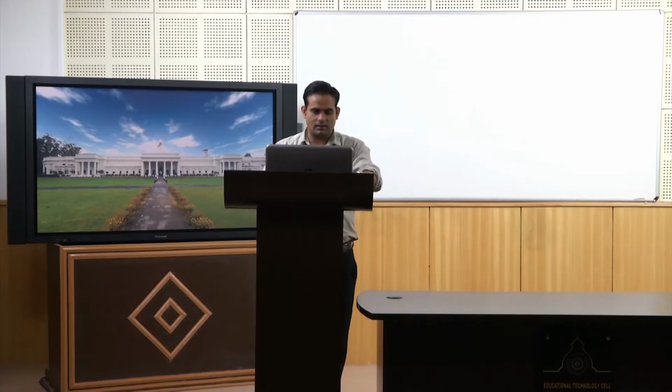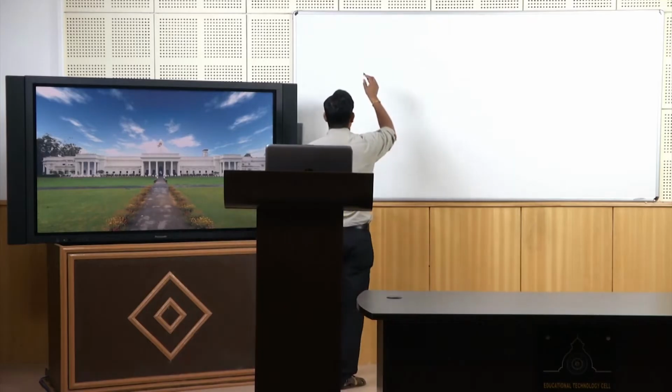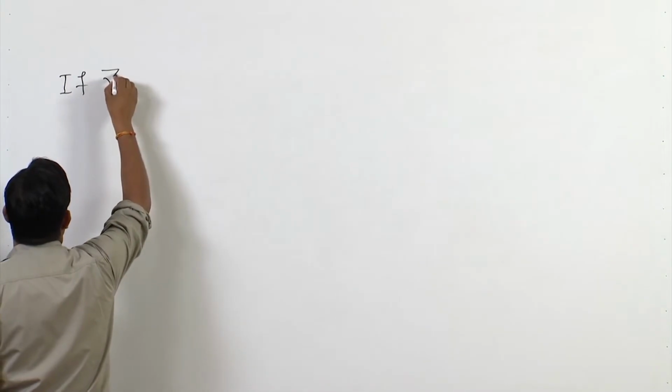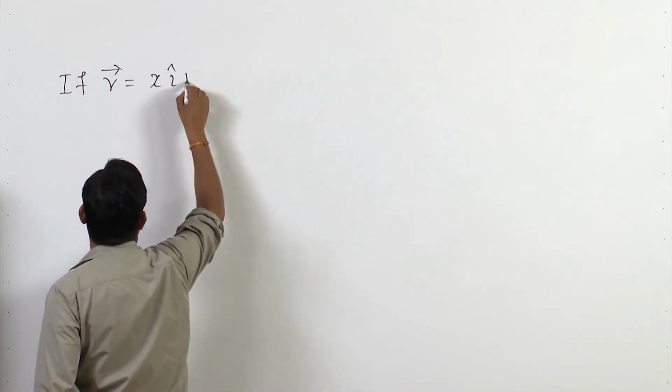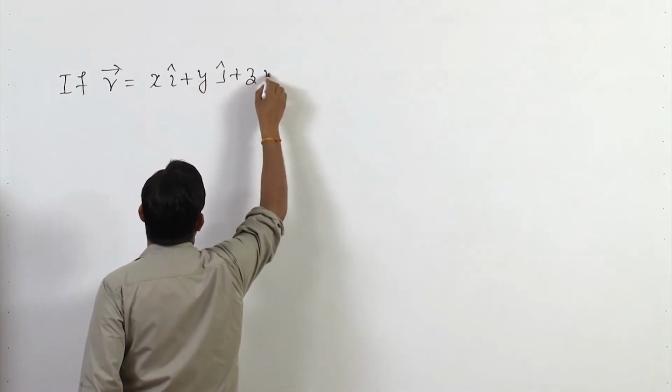So let us take a look at a few identities on the gradient of a scalar function, and let us assume that we have a vector r which is given by xi plus yj plus zk.